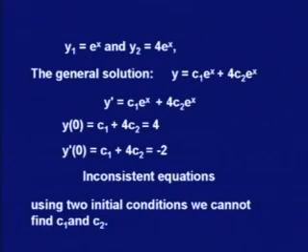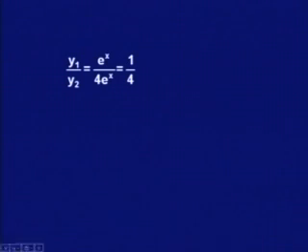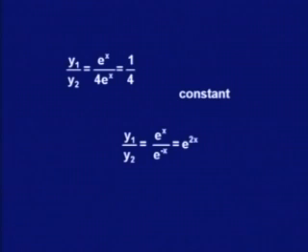It is this choice of y1 and y2. If I take their ratio, it comes out to be 1 by 4, a constant for all x. While earlier our choice was e to the power x and e to the power minus x, whose ratio was e to the power 2x, that is, a function of x.